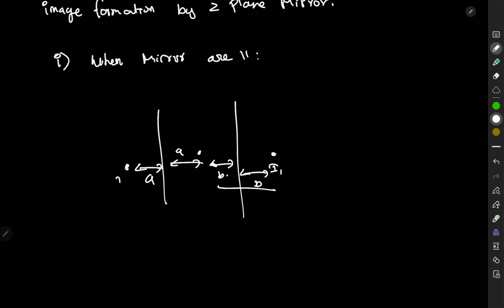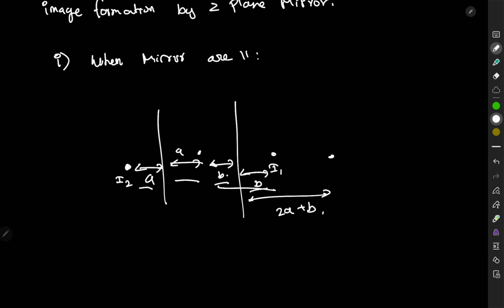Seeing this, there will be an image formed here. What will be the distance? It will be the total distance, which is B, B, A, A. It will be at a distance 2A plus B, right?